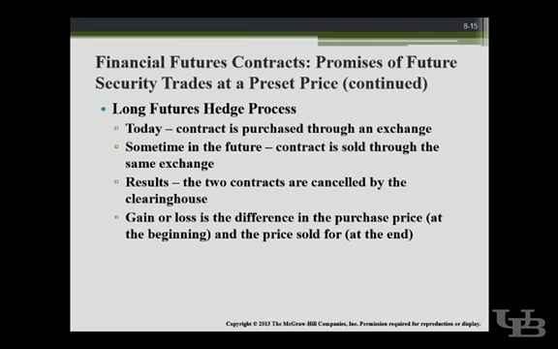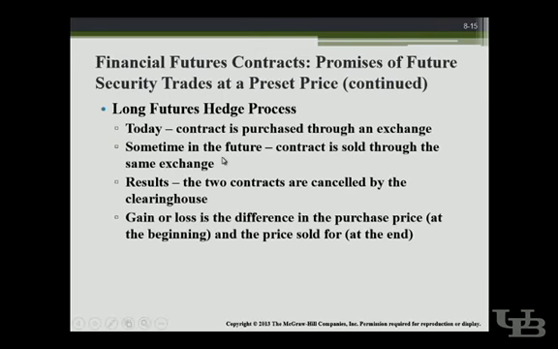So the institution will go out and purchase a contract at the lower price from the exchange. When interest rates are high, the values of the securities are lower and the futures contract is priced low. They will buy it today at a low price.